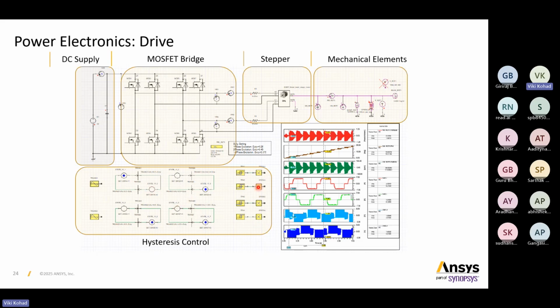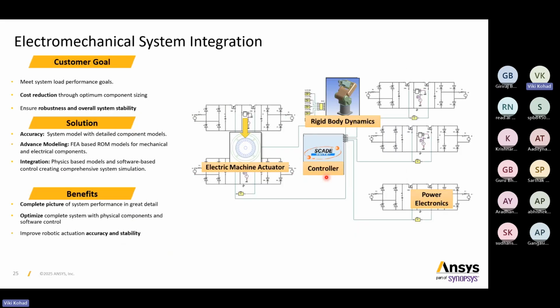If you want, in place of hysteresis you can use PI control to get the feedback system. And after doing the analysis, you can see the results like this for the specific parameters.